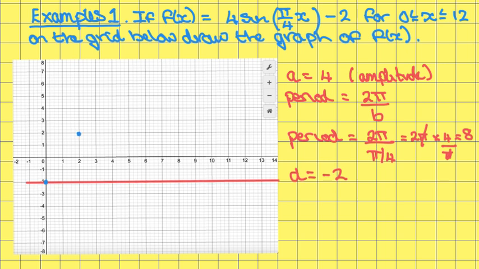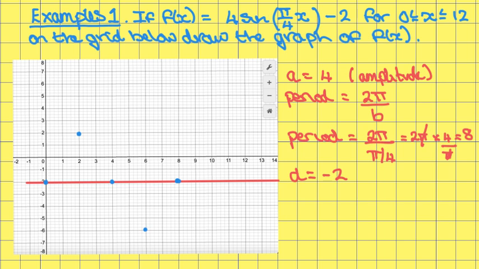Then it is going to start coming back down another 2, so it's going to go there. Then at 6, it's going down another 4 to minus 6, and then it's going to come all the way back up to 0 at x equals 8. So that is the first cycle.